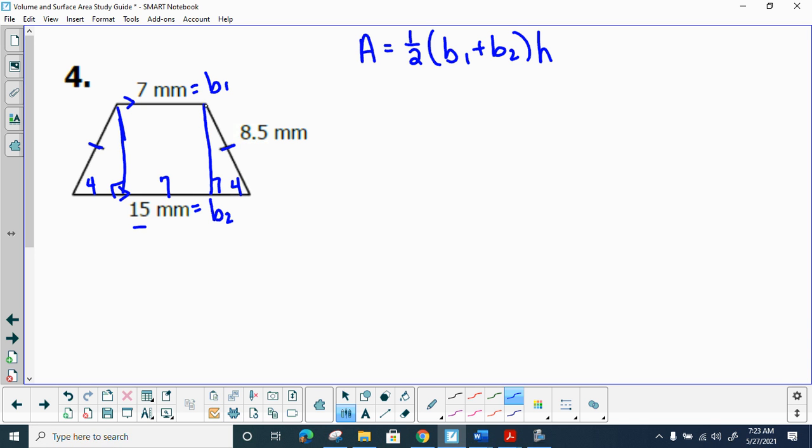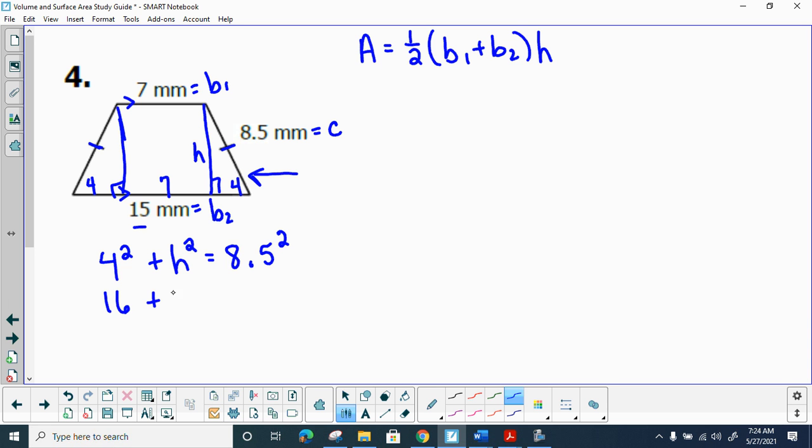So if we're looking on the right at this triangle, the right triangle, okay, I know one leg, I don't know the other leg. That's going to be the height of my trapezoid. But I do know the hypotenuse is the 8.5. So I'm going to use Pythagorean theorem to find this height. All right, so I can do the one leg squared, the 4, plus whatever that other leg, the height is, squared. It's going to be the hypotenuse squared.